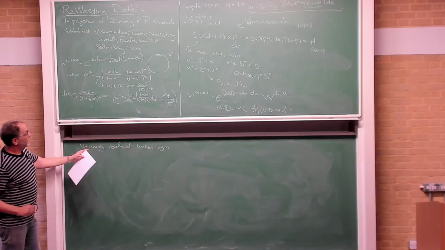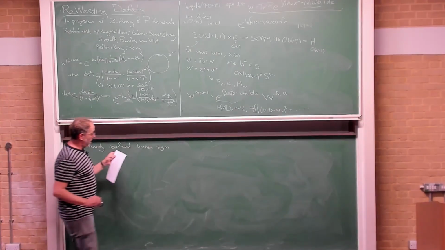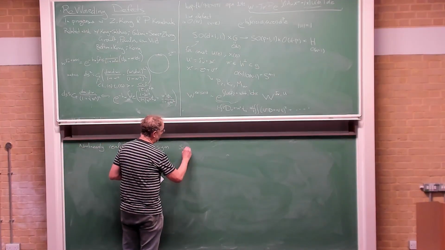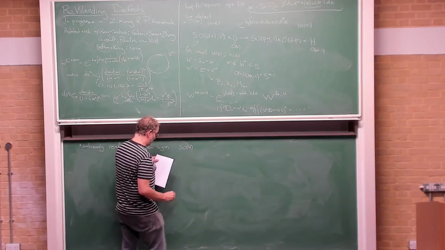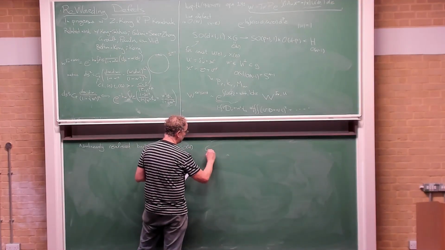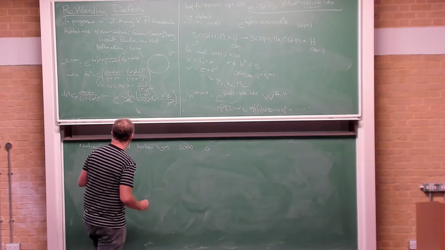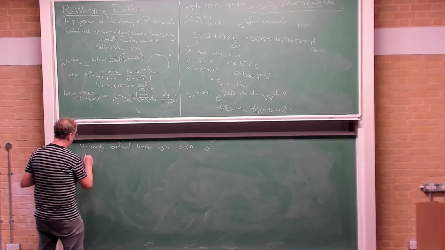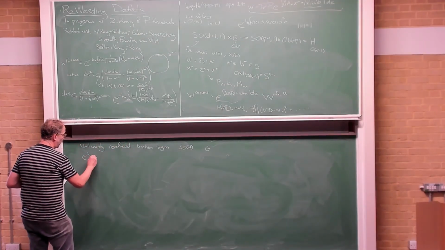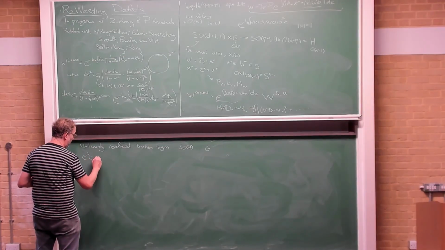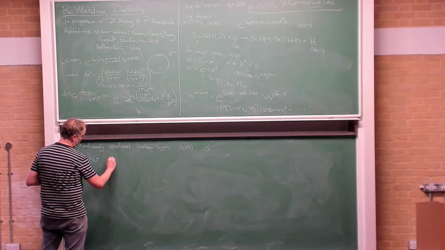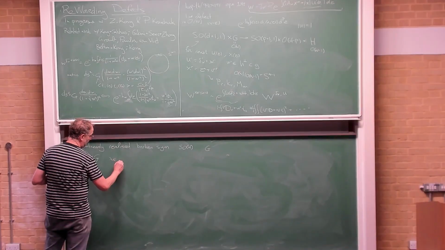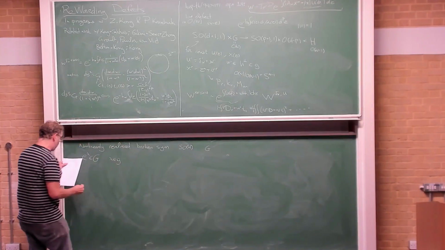So there is the symmetry, which we'll say is SO(N) or G. And I will take an element e to the lambda to be in G. So lambda is inside the algebra.